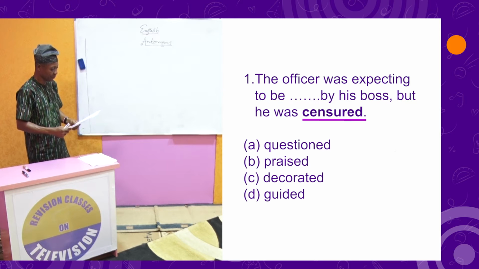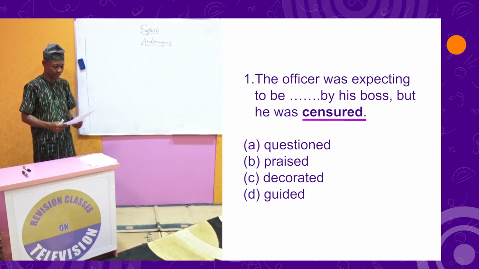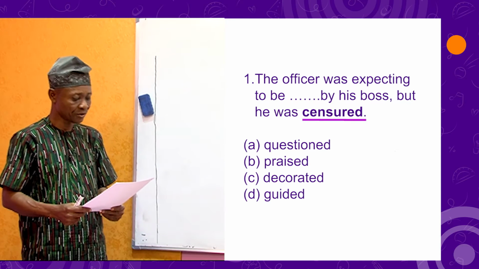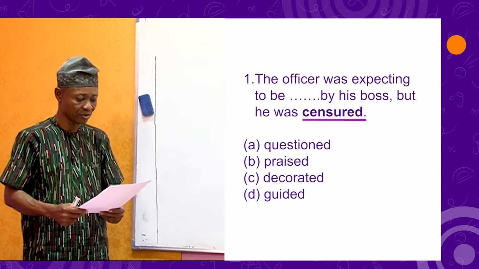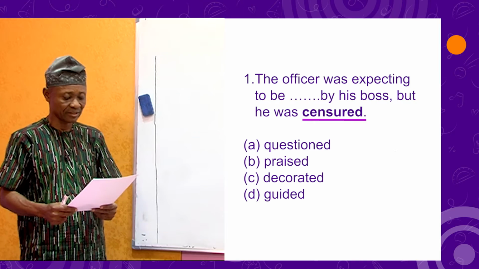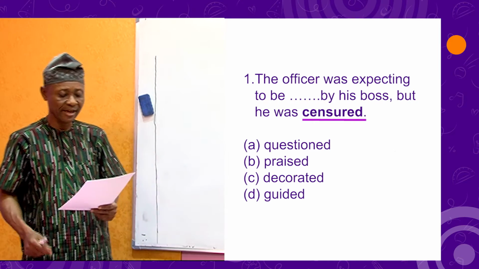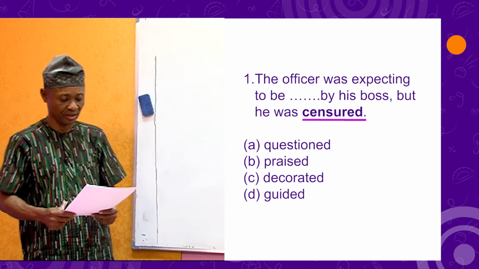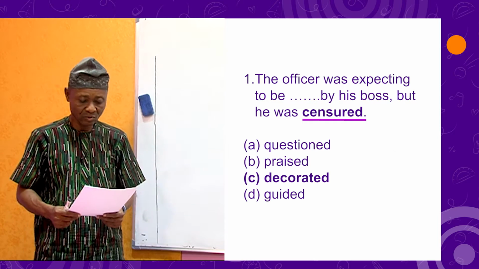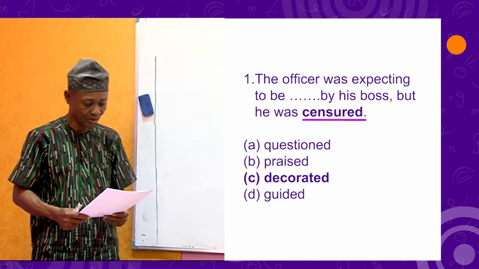Question number 1. The officer was expecting to be dash by his boss, but he was censured. Now, the options are A, questioned. B, praised. C, decorated. D, guided. Censured there is to be blamed, to be accused of something, but the opposite to that word that is underlined in the sentence is option C, which is decorated.